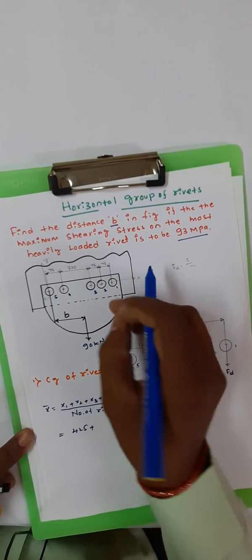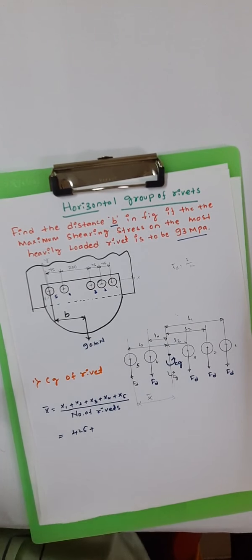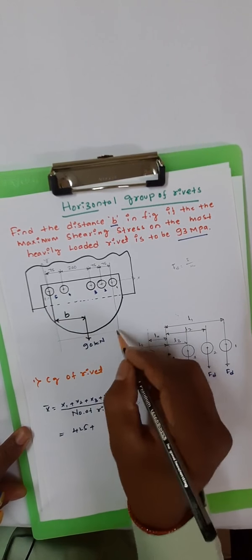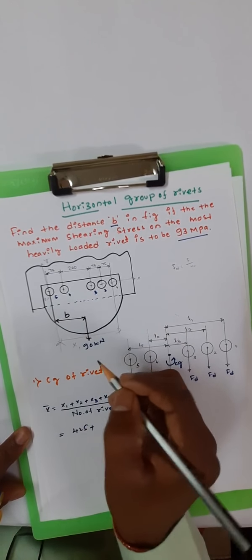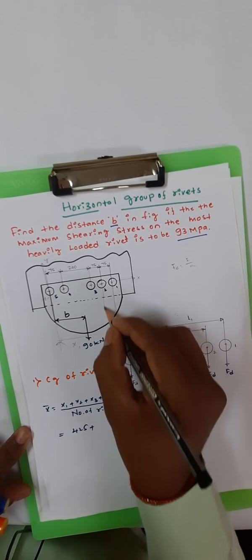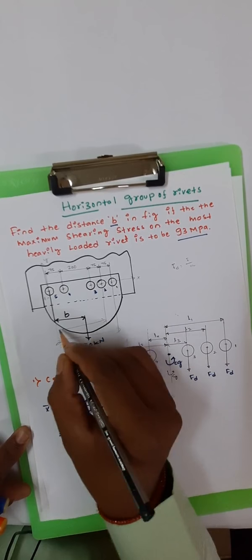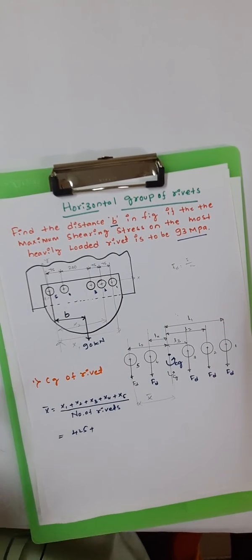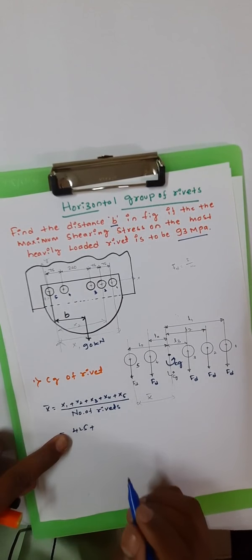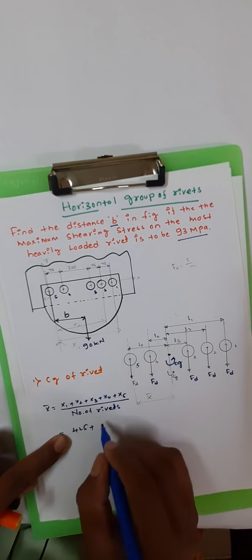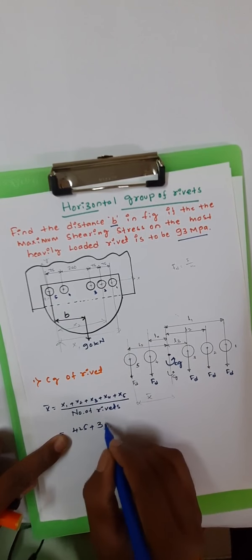Now X2: from this rivet you need to consider 425 minus 75, which gives 350.